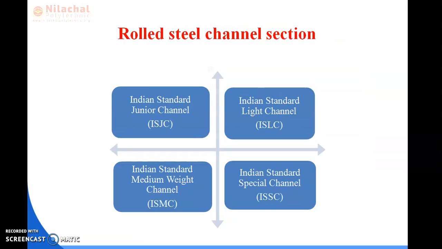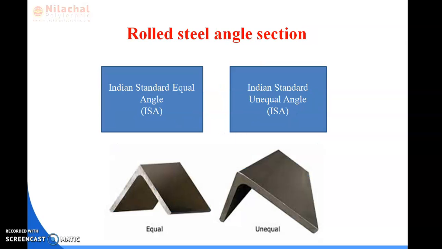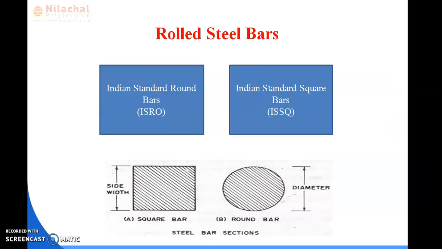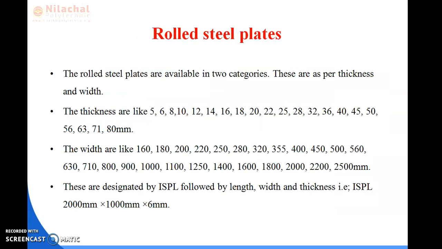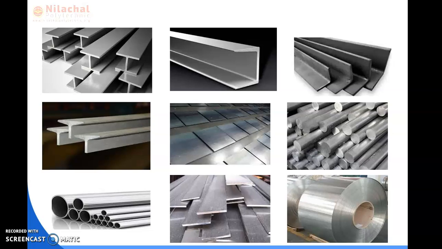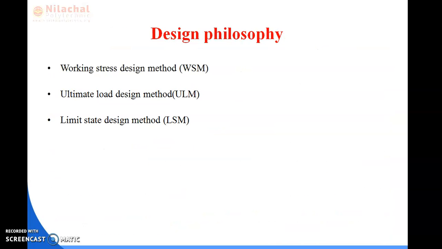And we also discussed the types of each rolled steel section, what the specifications and sizes are, and how each is available in the mill. We discussed that in the last class, and today we will discuss the design philosophy.